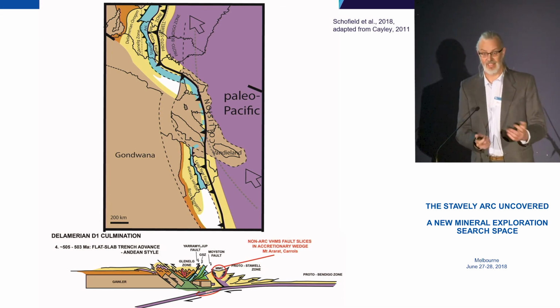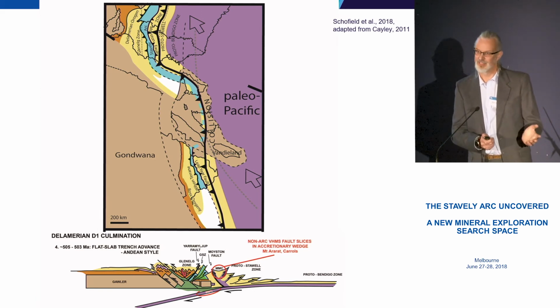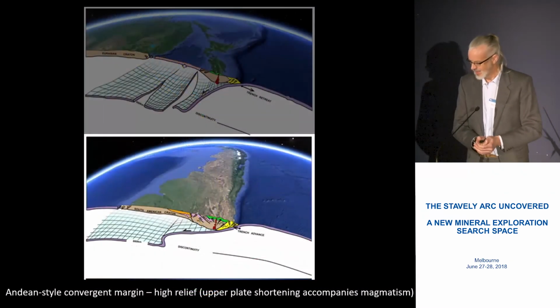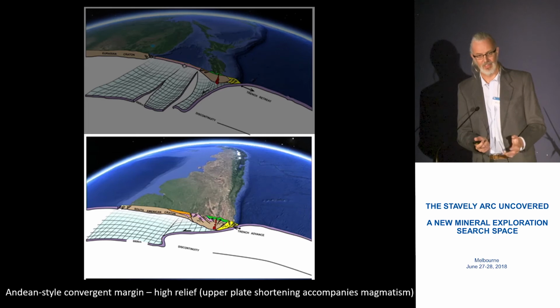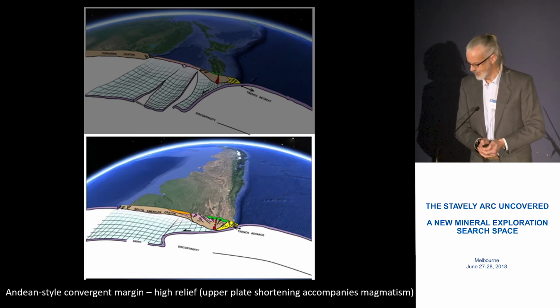So the arc's still active, but it's getting all smashed up. Looks like an Andean sort of system. This started about maybe 505, and it went through to about 500, maybe a little bit later. So it would have looked Andean at that stage, same geometry, just different plate sinking versus plate advance scenario.